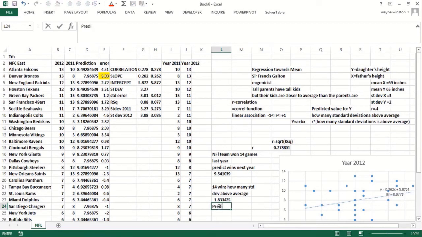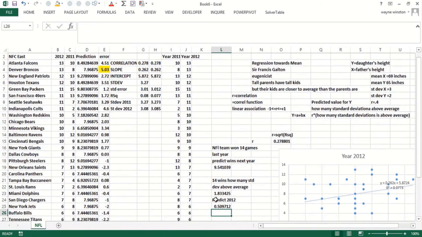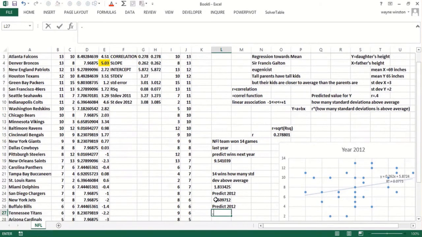So you predict 2012, you take this correlation times that to be, so predict 2012, 0.509 standard deviations above average.